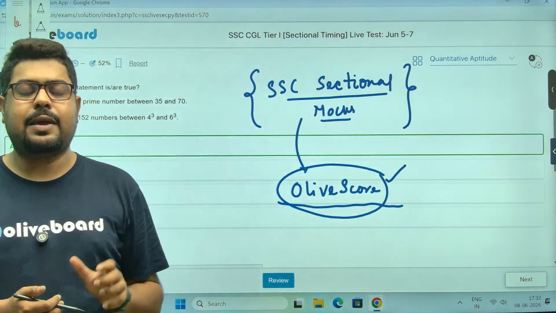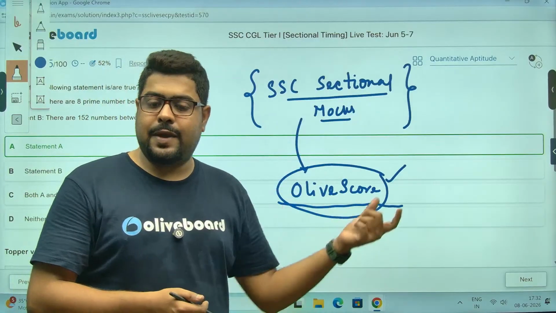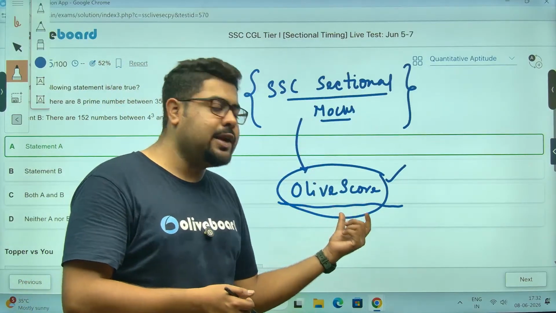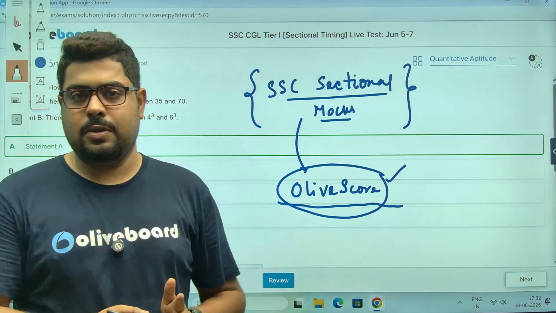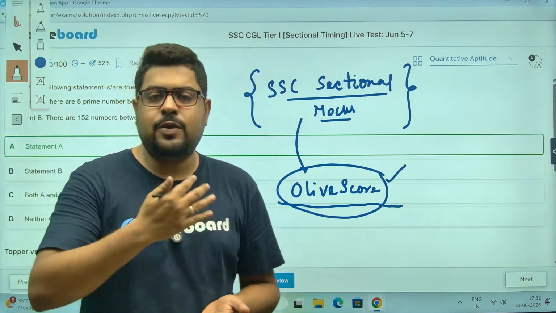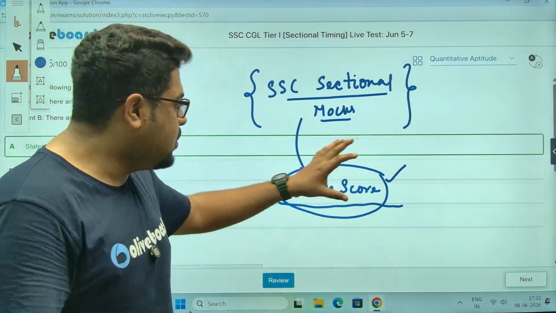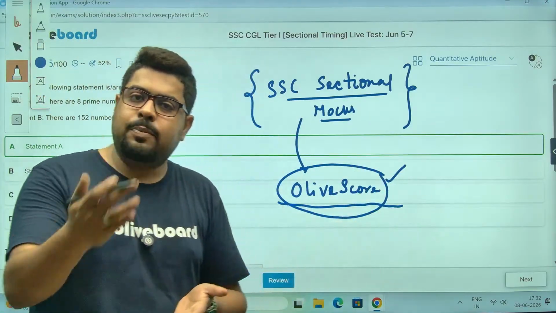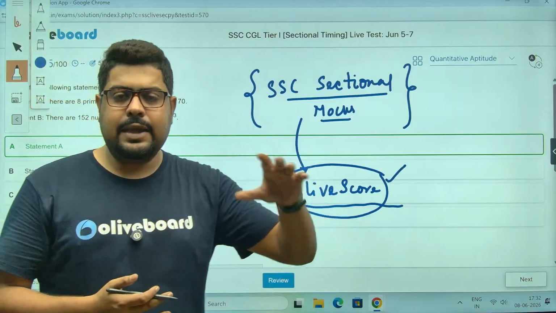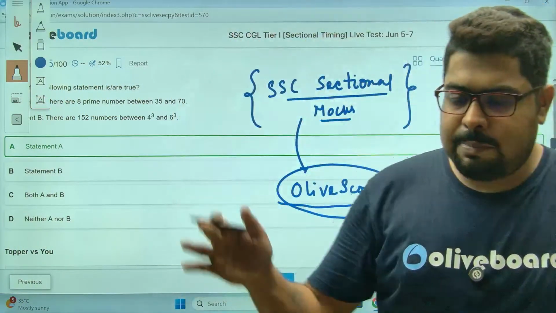It will be absolutely personalized, showing where you are doing right and where you are going wrong, because this will not take data from only one mock. It will analyze the pattern of you taking mocks on our platform and give you what you need to improve, where you stand, your strengths, your weaknesses, the whole package.